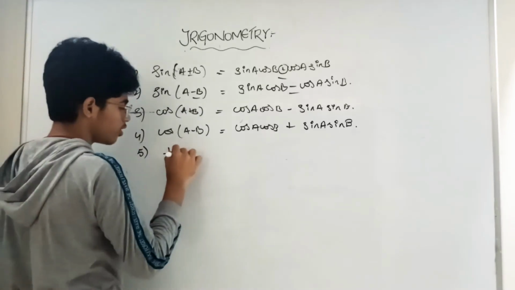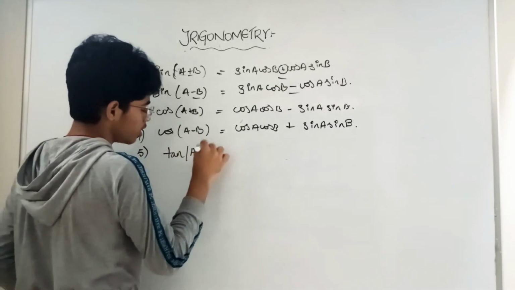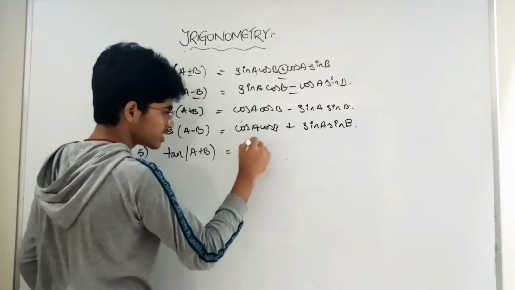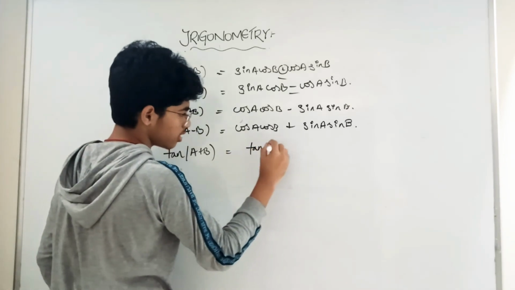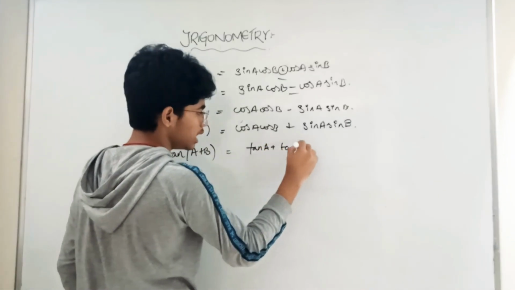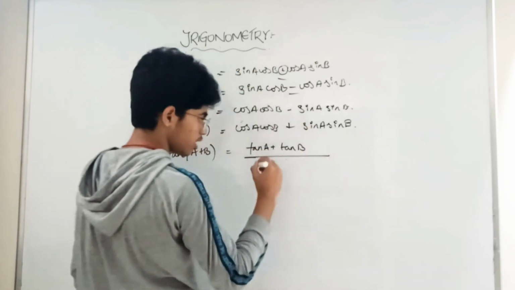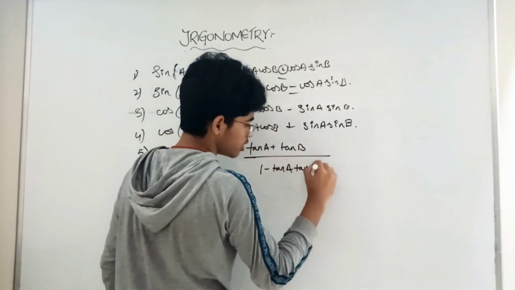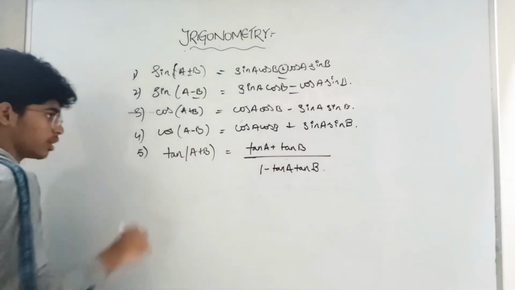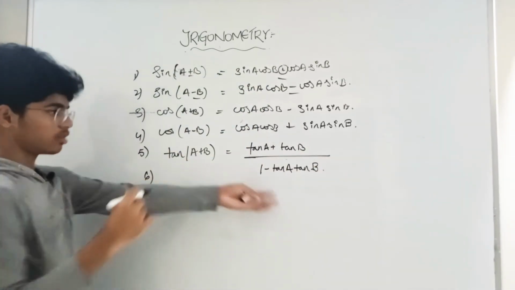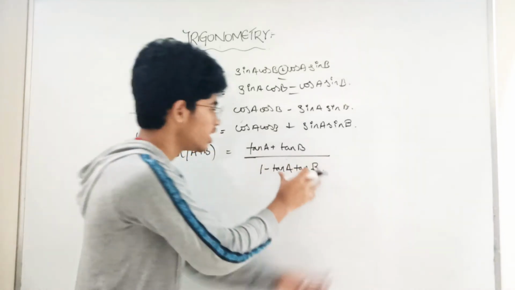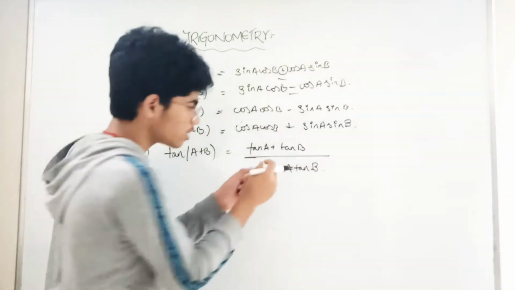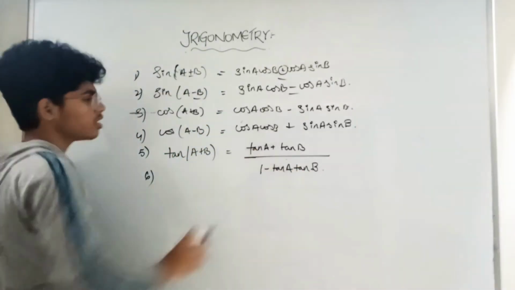So we completed sine, we completed cos, next is tan. So tan of a plus b is tan a plus tan b whole by 1 minus tan a into tan b. I guess you got how to read this. It's kind of an expanded form, and we have to remember it.